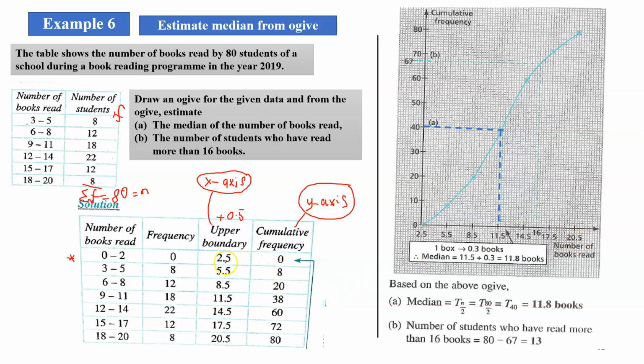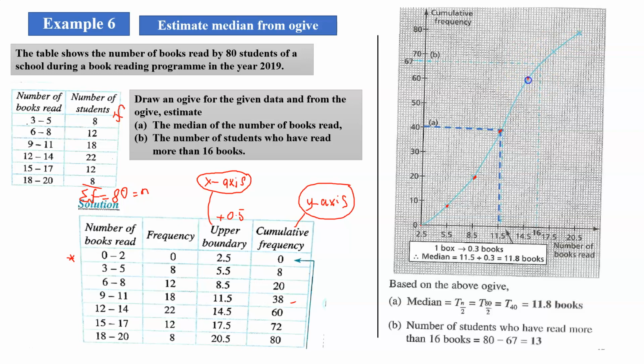So you draw lah. For 2.5 you get 0 over here. And then for 5.5 you get 8. Letaklah 8 dekat sini. And then you get berapa tu? 8.5 you get 20. 11.5 you get 38. Somewhere lah around here kan, 38 lah. And then you get apa lagi lah yang lain seterusnya.